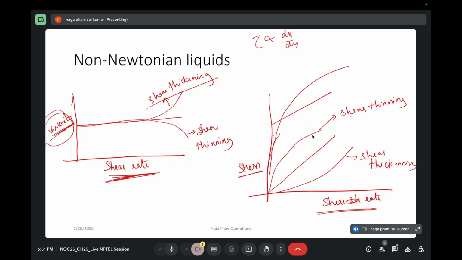And this is also called pseudoplastic liquids, and these liquids are also called dilatants. And this is the behavior of liquids which are called Bingham plastics.